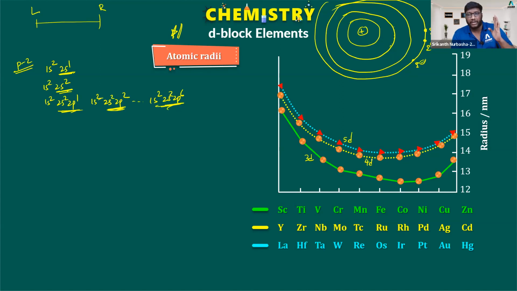If you start from lithium and go to neon, you get 1s2 2s2 2p6. You are adding electrons in the same second shell going left to right in period 2. But protons are increased, so the positive charge of the nucleus, the nuclear charge, increased. That increase will attract the outermost electron, so size should decrease. So what is the general point, students? Size decreases from left to right in a period because of increase in effective nuclear charge. That's fine. But now look at the graph. This is the experimentally observed graph, which is completely true.